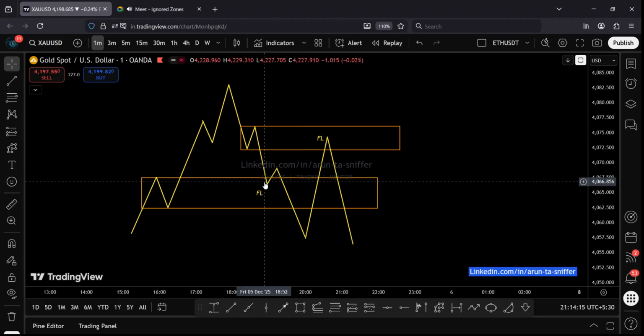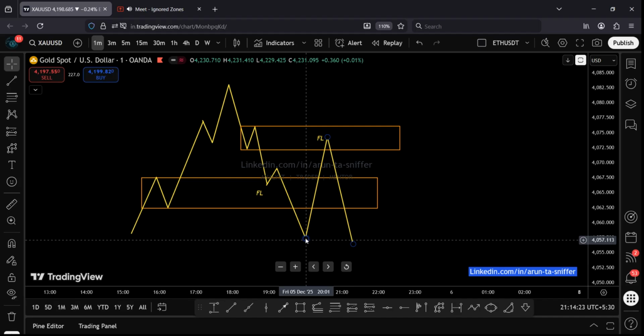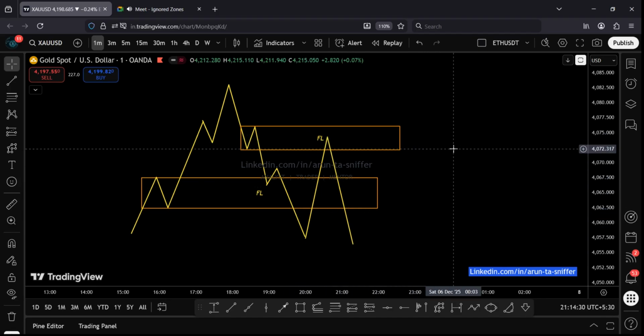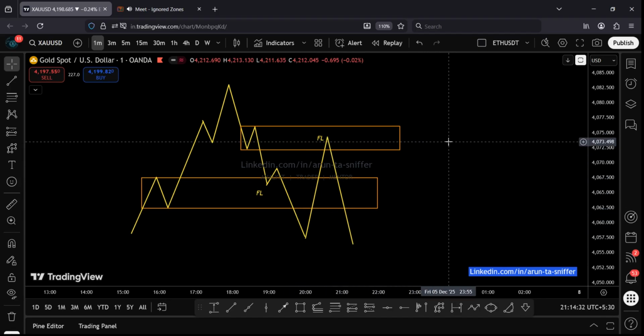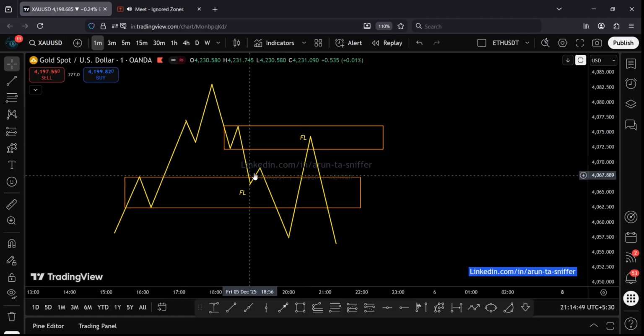But in case it ignores that FL and comes down sharply or keeps going in the direction, when the price goes back again to the FL, it will react and we can trade that FL. This is when the target was ignored.